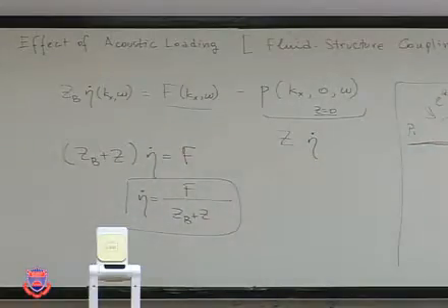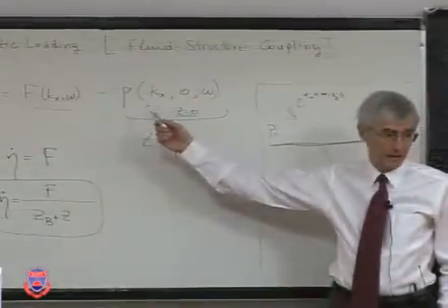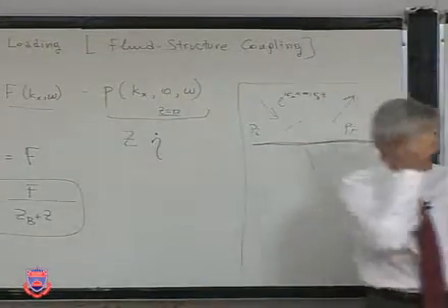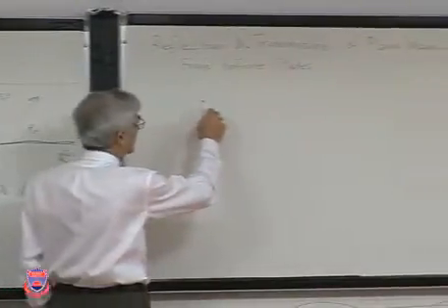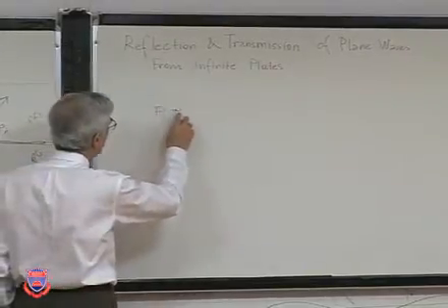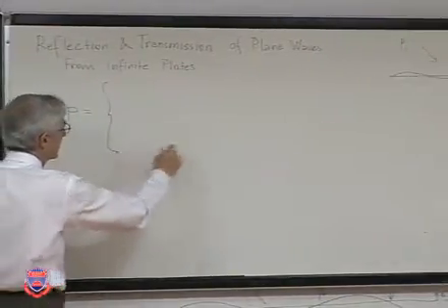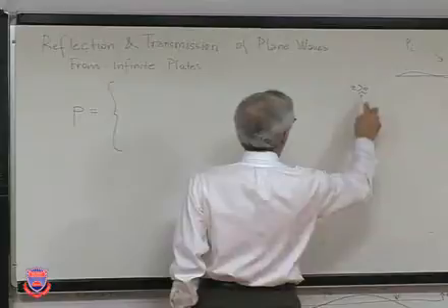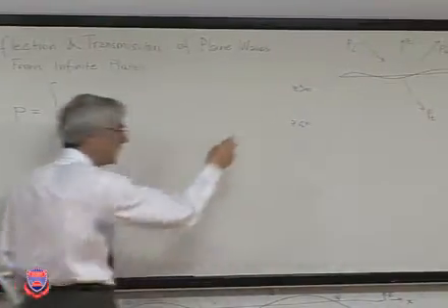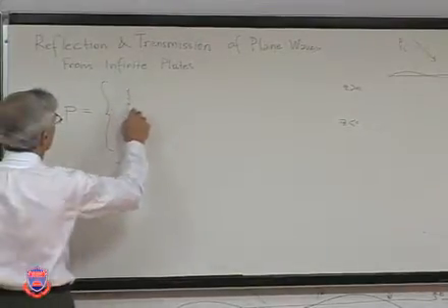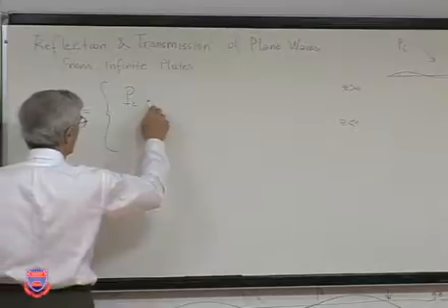So this forcing function is causing it to radiate, which comes back and also loads it, and also transmit, which does the same thing. So let's write all those equations. Number one, the pressure for z larger than 0, meaning above the plate and under the plate. Above the plate, it has two components.